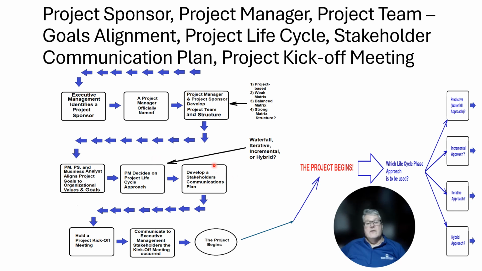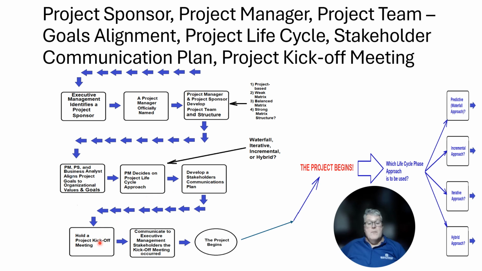Afterwards, a stakeholders communication plan is developed and put in place, especially for executive management, so they're aware of the scheduling and the costs and the budgeting and things like that that are going to impact the organization. You're also going to identify people in the community or in the market that are going to be impacted by this project.